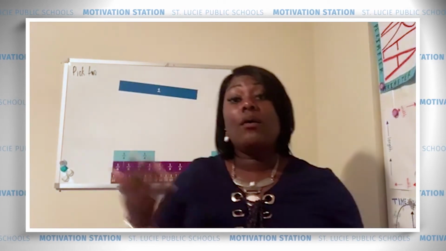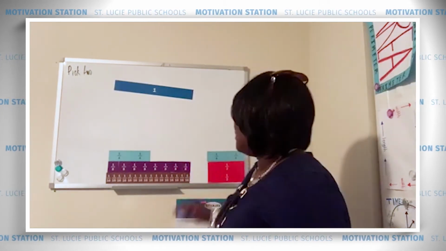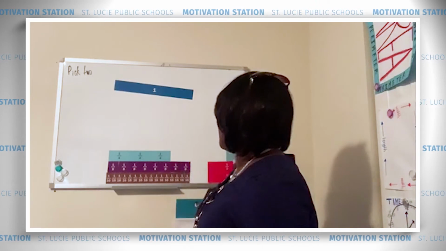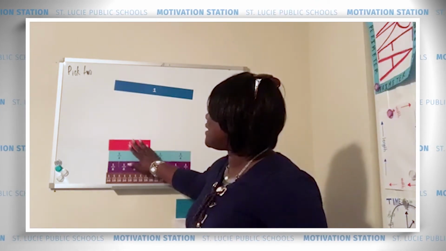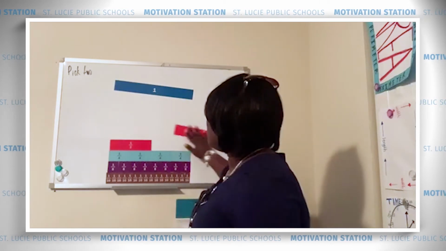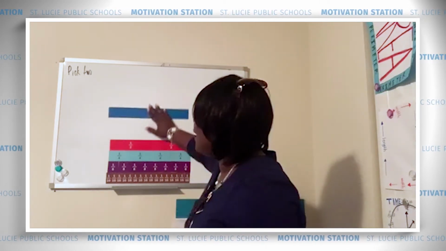And when you think about addition, subtraction, division, multiplication, which of those operations involves joining together? Addition. Addition is a form of joining together or combining. So in this lesson, we will work on a little bit of adding.